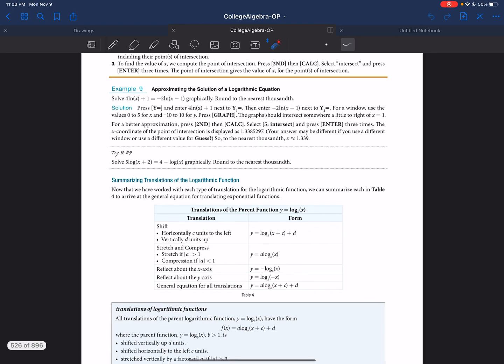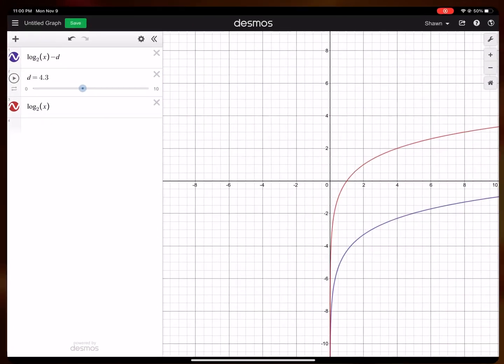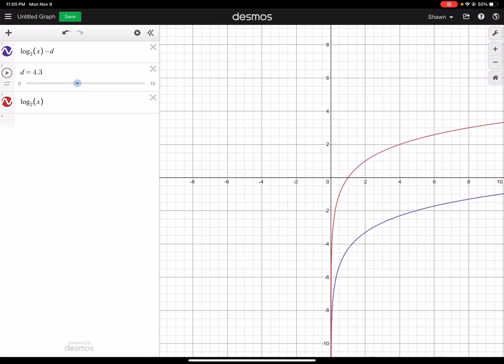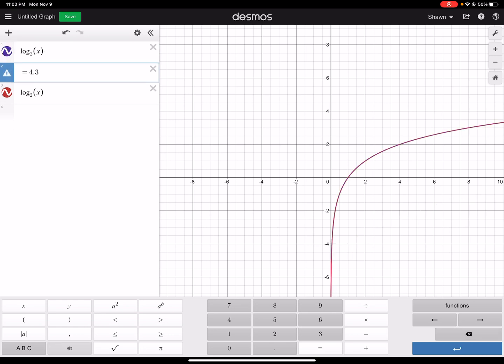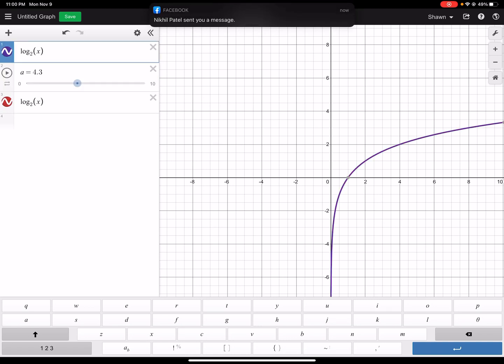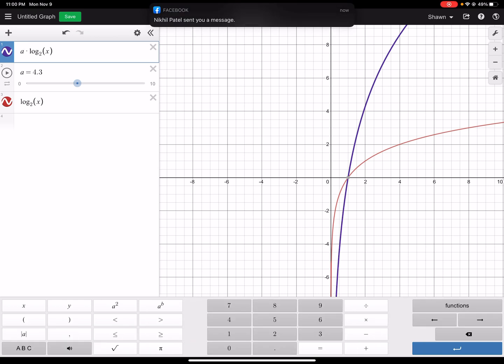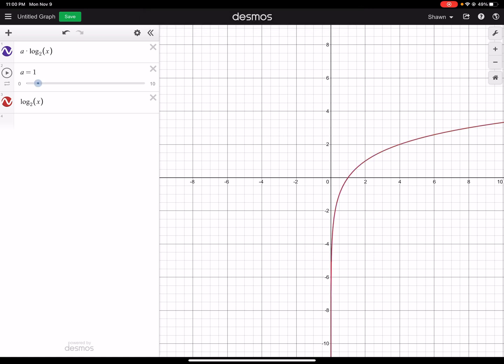Okay. In here, with an a out front, they say it stretches it, and so let me show you what that looks like. So I'm going to leave it as log base 2, but now I'm going to put an a times out front, and in this case, if a is 1, they should be the same.